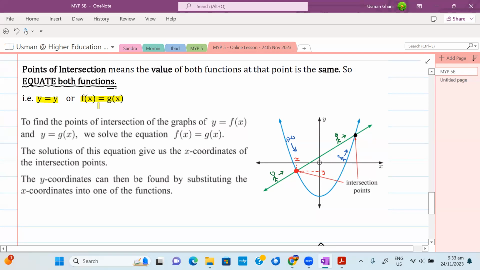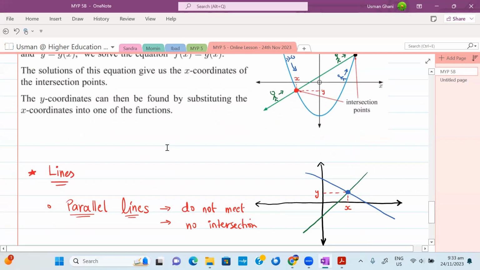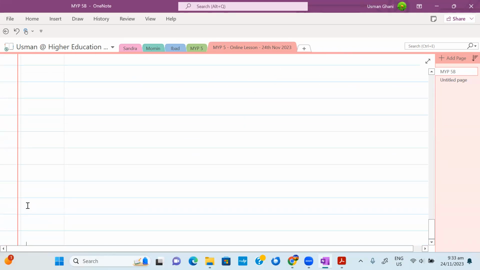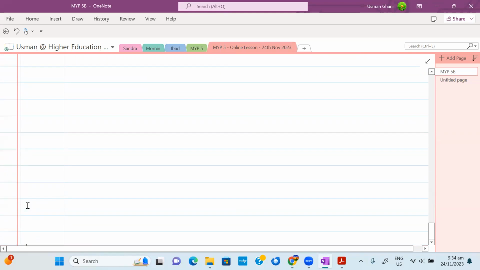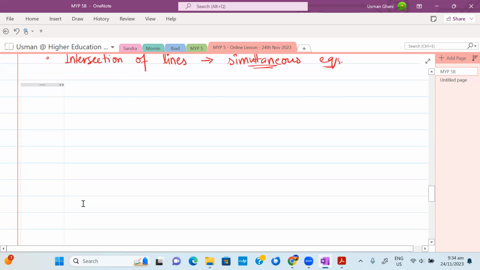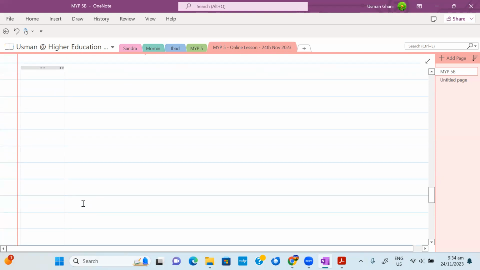That is how you find the points of intersection. And on the back side of it, this is the substitution method of simultaneous equations. वो मैं आपको बता नहीं रहा, I'm not using this word, but it's actually the substitution method of simultaneous equations, right?